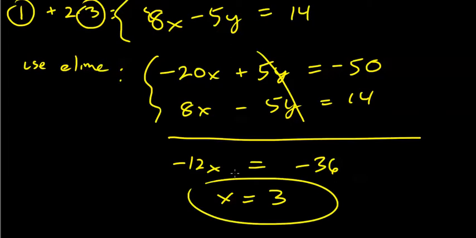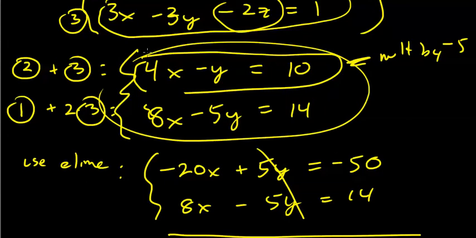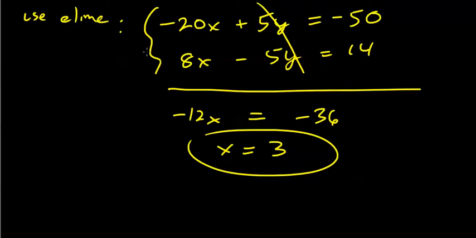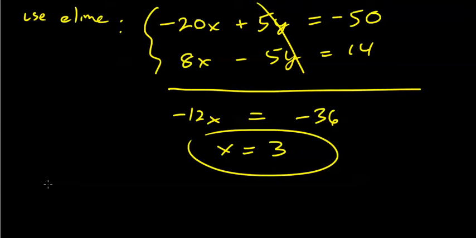Alright, if x equals positive 3, again I can go to either of these above equations and plug in x equals 3 and solve for y. I'll pick the second one. 8 times x, which is 3, minus 5 times y will then be positive 14.